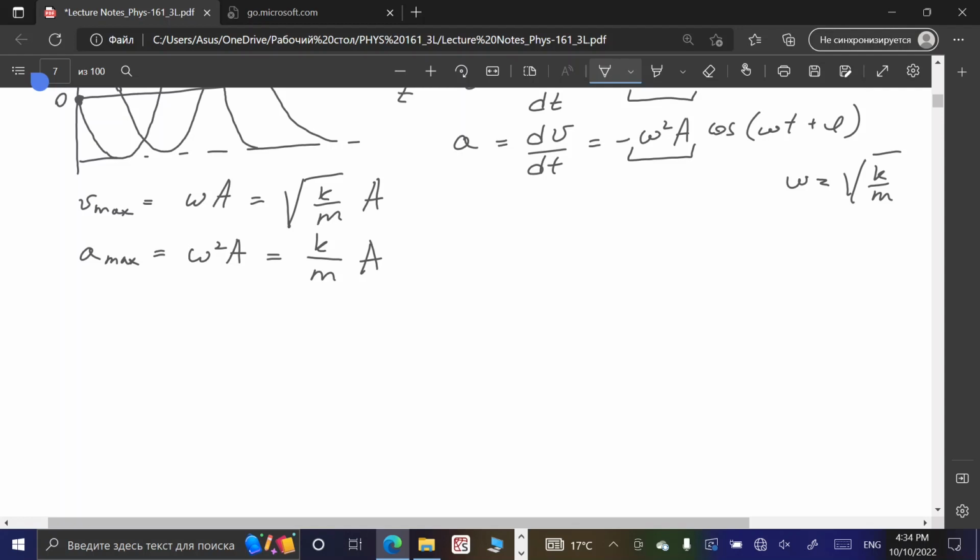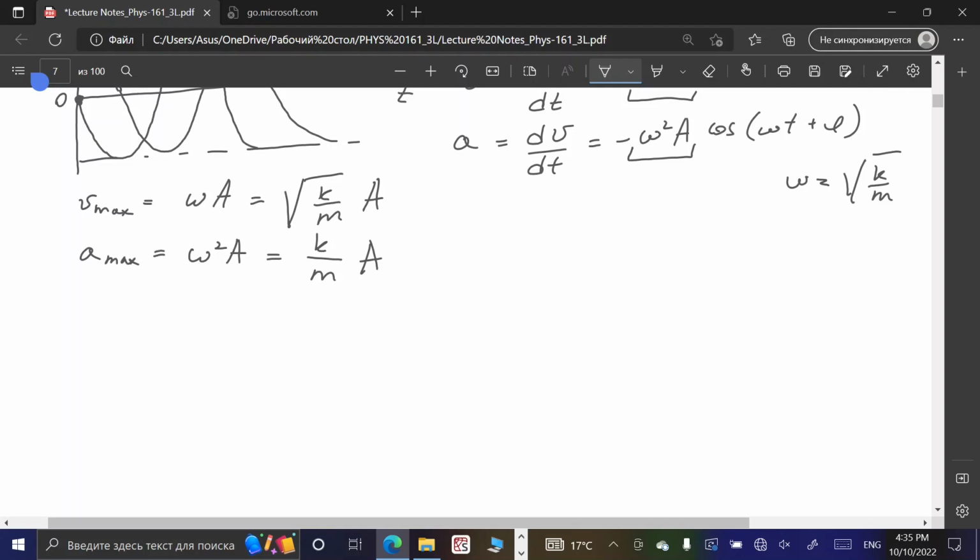And taking into account this condition, what does it mean that the system will come back to the same position again? The phase difference between initial position and after this fixed interval of time should differ by 2 pi. It means it makes this full circle and comes back to the initial position.